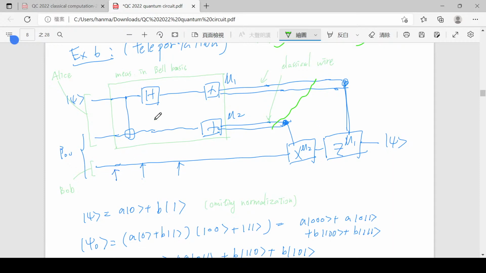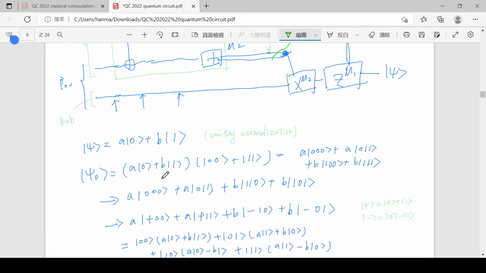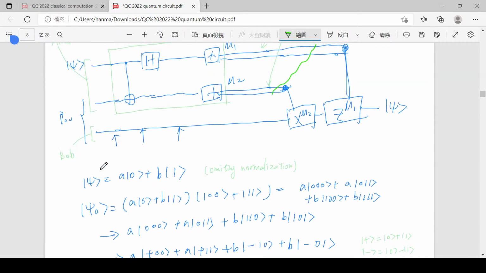So let's calculate the first 3 steps of what is going to happen. Let's assume this ψ equals A|0⟩ + B|1⟩, and we start omitting normalization once again. So the actual starting state is ψ ⊗ β00, where β00 once again is |00⟩ + |11⟩.